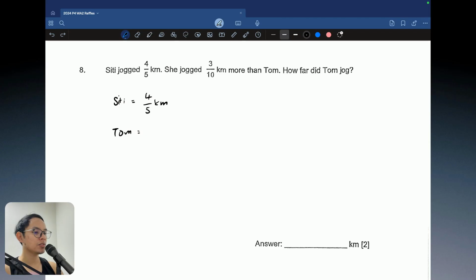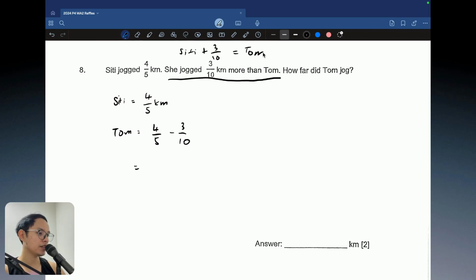Less, right? So that means it is 4 out of 5 minus 3 out of 10. Okay. So this is what this whole sentence means, right? So Tom plus 3 out of 10 equals Siti, right? So we know how much Siti has jogged over here.